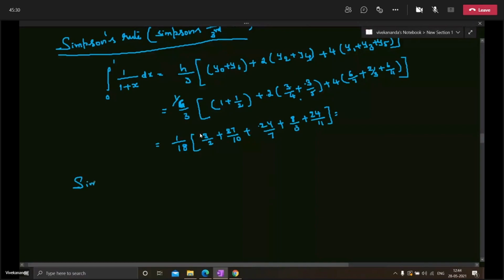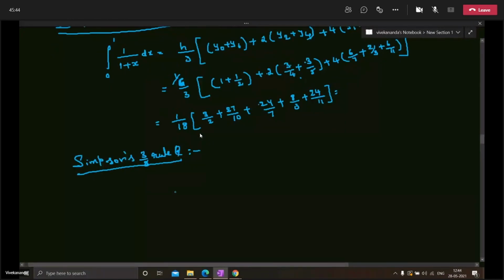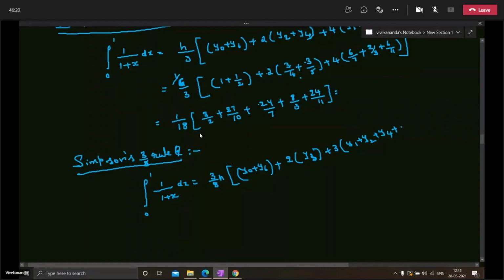Simpson's 3/8 rule. Integration from 0 to 1 of 1/1 plus x dx is equal to 3/8 h into y0 plus y6, plus 2 into the multiples of 3, y3 (y6 is already covered), plus 3 into the remaining y1 plus y2 plus y4 plus y5.